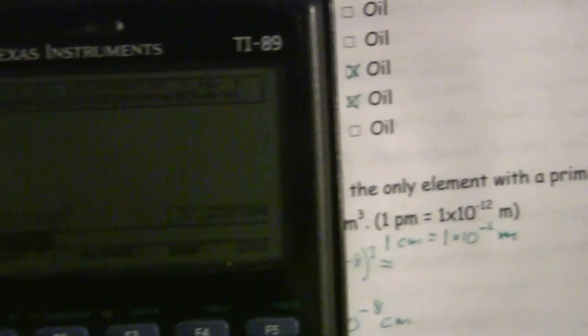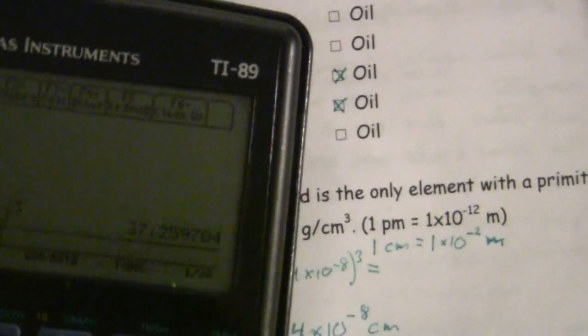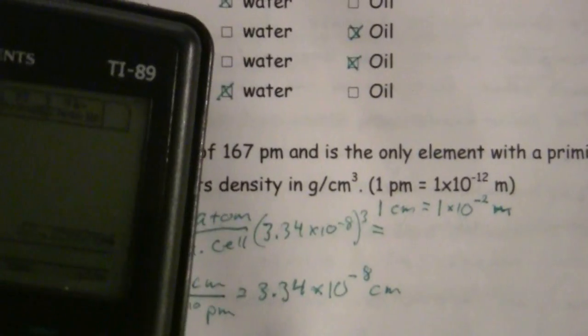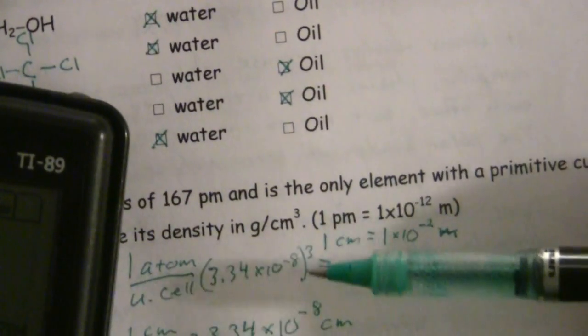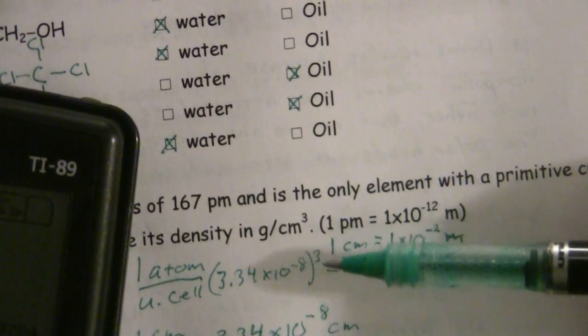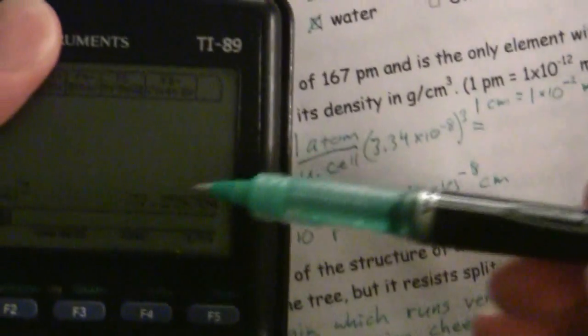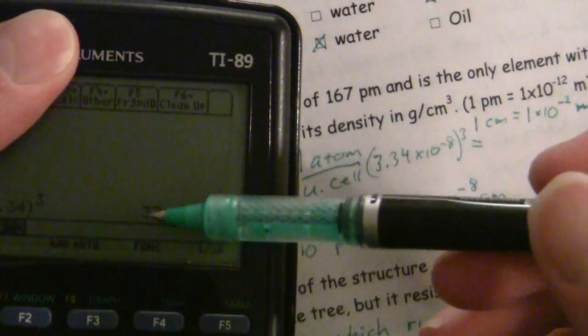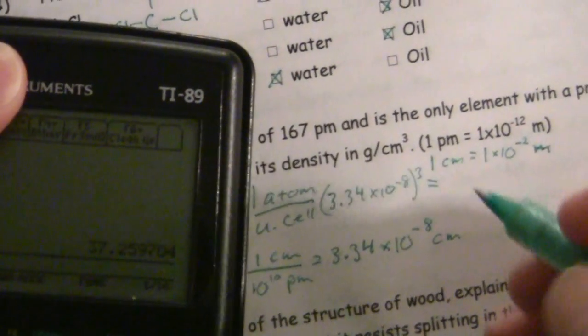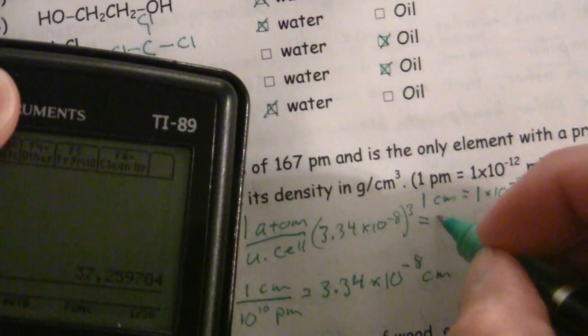Now I just did the number, and you would also cube the 10 to the negative 8th, which would give us negative 24, right? So it would be 37 times 10 to the negative 24th, or 3.7 times 10 to the negative 23rd.